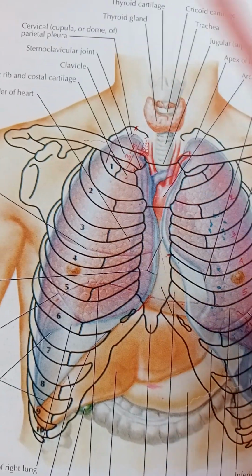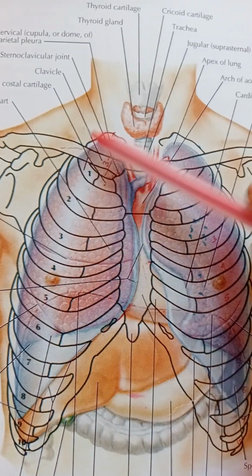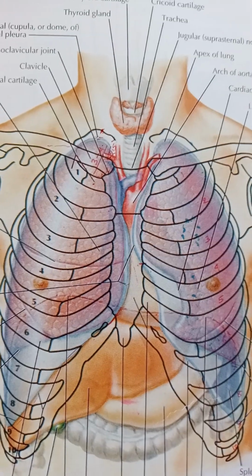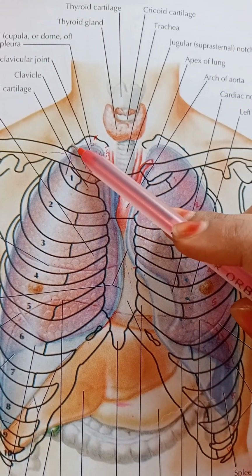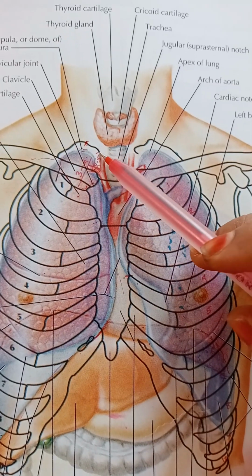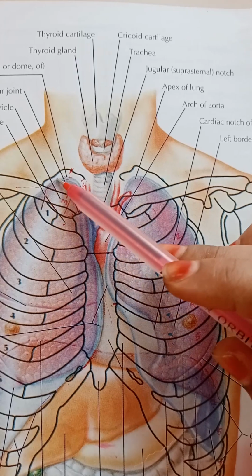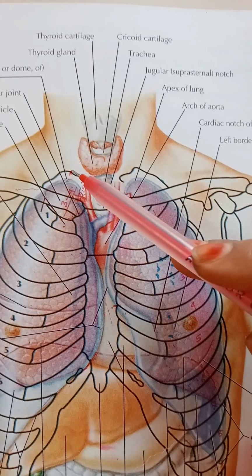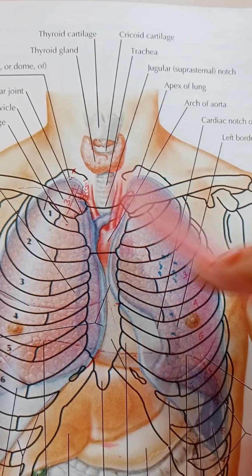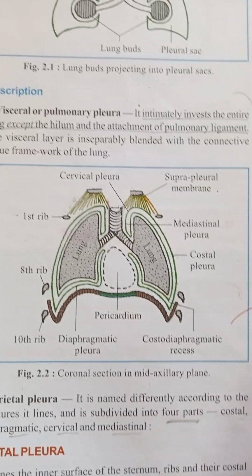So we can say the endothoracic fascia separates the costal pleura from the structures overlying it, and it also gives protection to the apex of the lung. So the cervical pleura is also protected by another musculoaponeurotic structure that is known as Simpson's fascia or the suprapleural membrane.